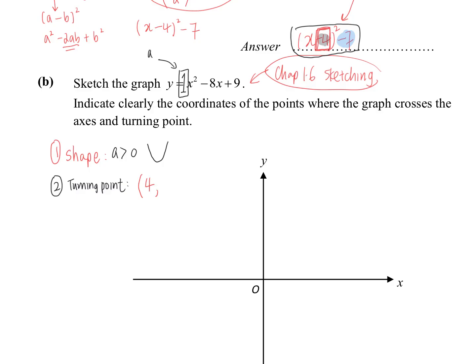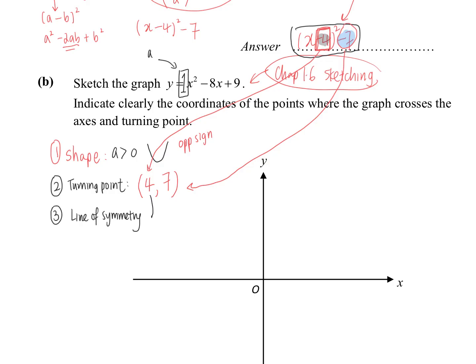And then your y coordinate is just this number directly. So this is your turning point. This one must be opposite sign. So straight away you get your turning point. Then the third thing you can get is your line of symmetry. So your line of symmetry is the same value as your turning point. It is x equals to 4.